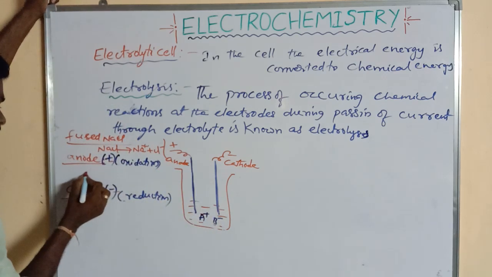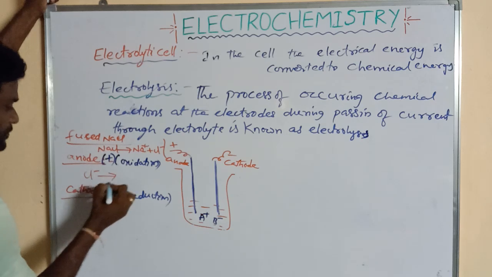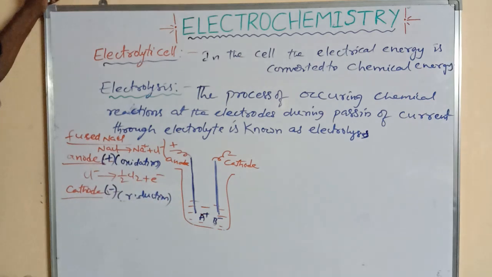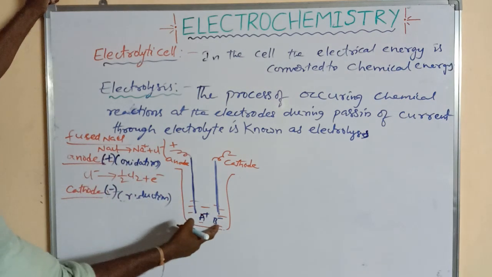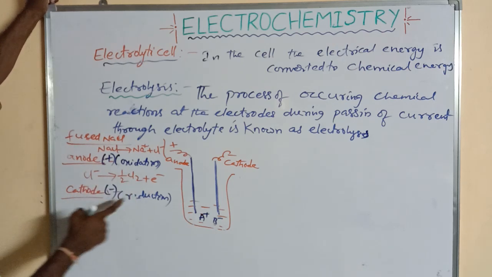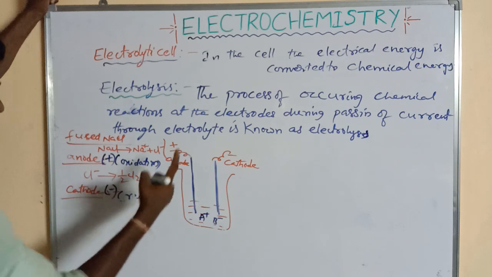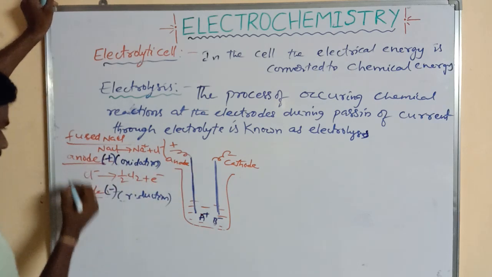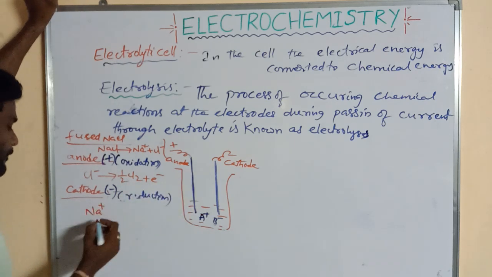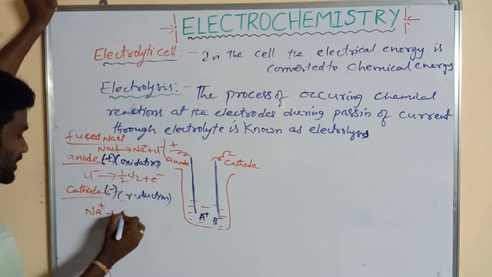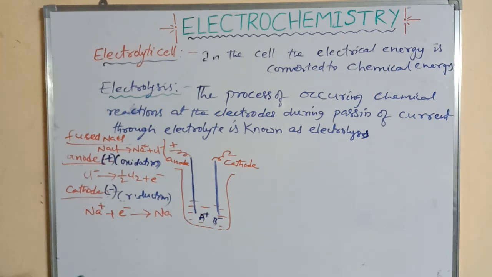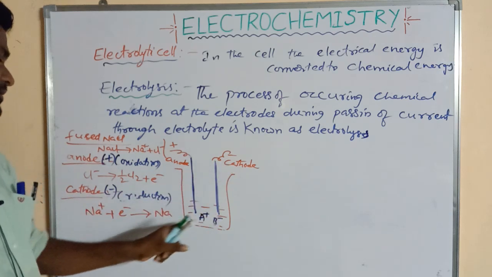At anode, Cl minus gives Cl2 plus electron. So Cl minus is discharged at anode, giving chlorine gas. At cathode, the positive ion is attracted. Na plus gains an electron and gives sodium. Na plus is discharged at cathode as Na.